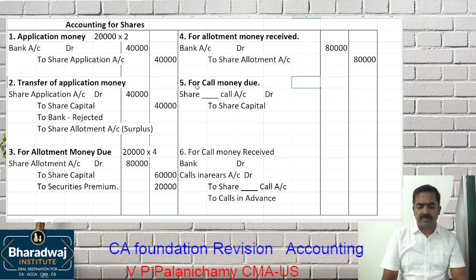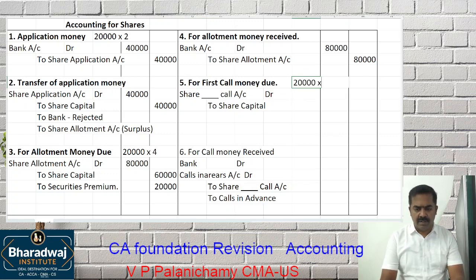First call money, how much will it be? How many shares? 20,000 into 2.